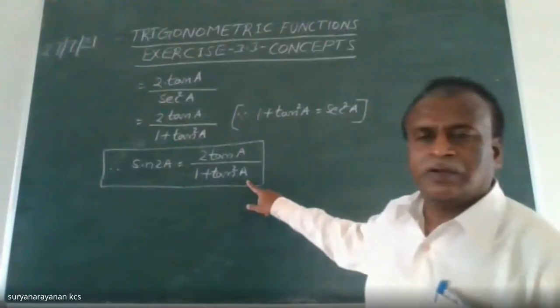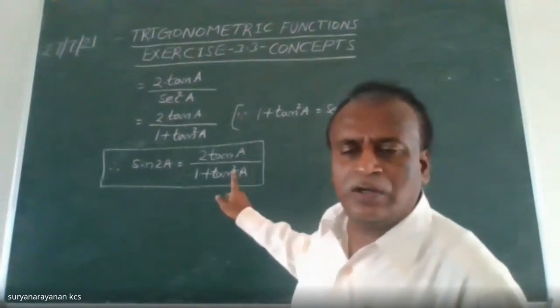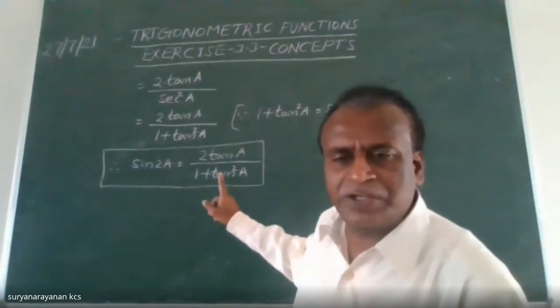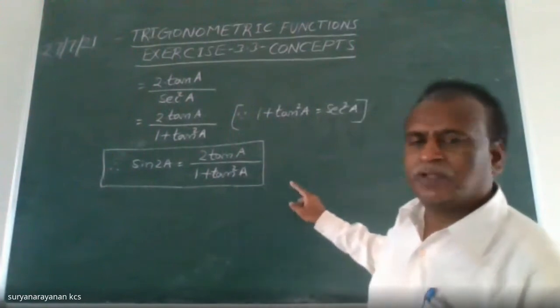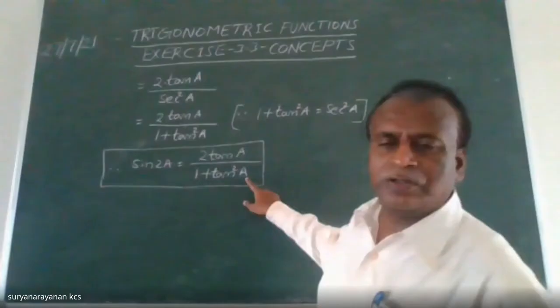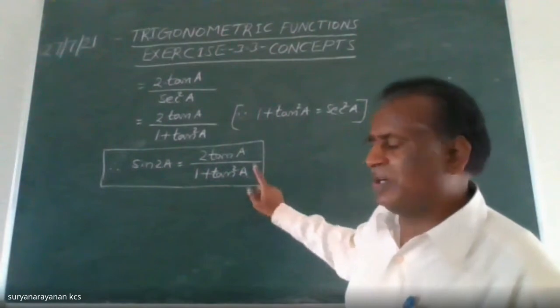Very good. Benjamin, you have a mic issue here. Samuel, read. Sin 2A is equal to 2 tan A divided by 1 plus tan square A. Very good, Samuel. Jose, read this formula. Sin 2a equal to 2 tan a divided by 1 plus tan square a.